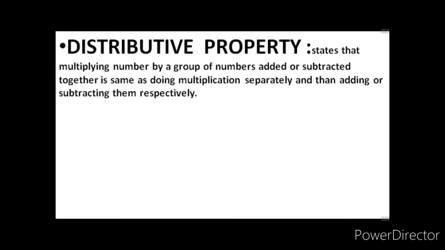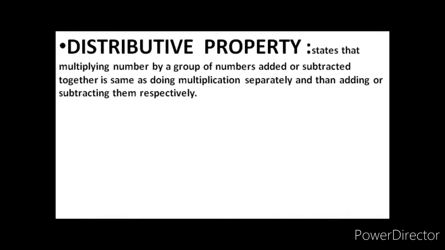What is the distributive property? The distributive property states that multiplying a number by a group of numbers added or subtracted together is the same as doing the multiplication separately and then adding or subtracting them respectively.